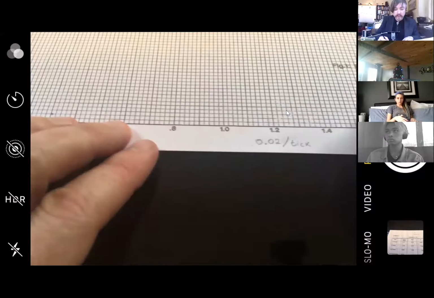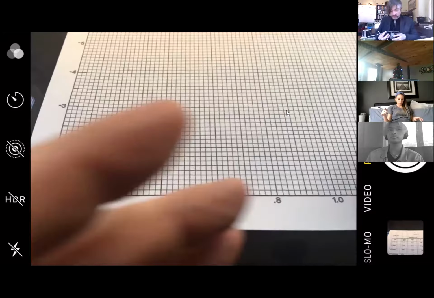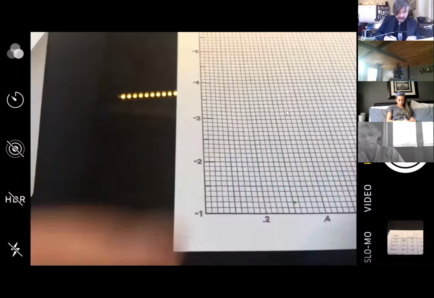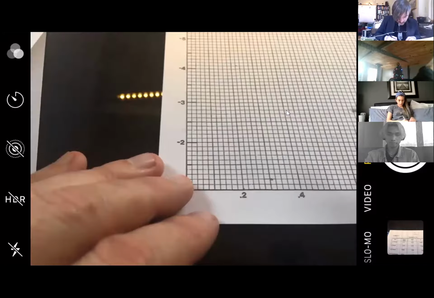0.02 per tick. Okay, so let's get our first one down, and hopefully this will go faster as we go. Our first data point is 0.73, negative 3.71. I want you guys to watch how I do this.